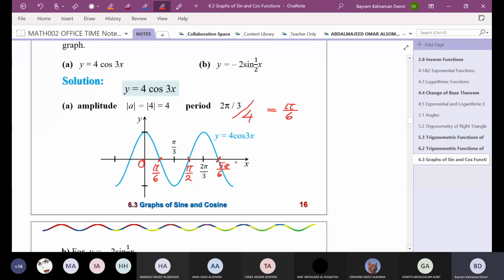Well, how about this point? 6 pi over 6, which is 1 pi. Let me just write only pi. Now you understood perfectly. 6 pi over 6 means pi, Shabab.